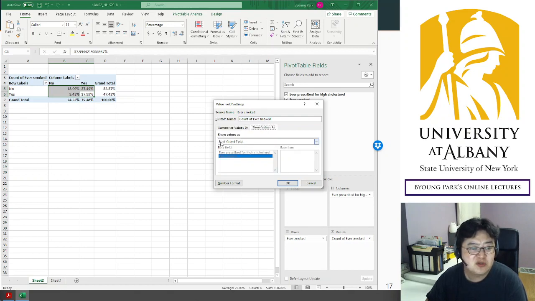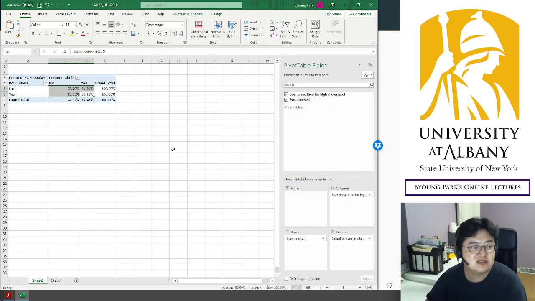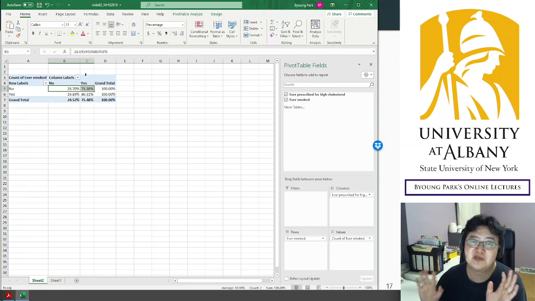Instead of percentage of grand total, I'm going to calculate percentage of row total. Think about this: it calculates percentages so that the sum of each row is always 100%.